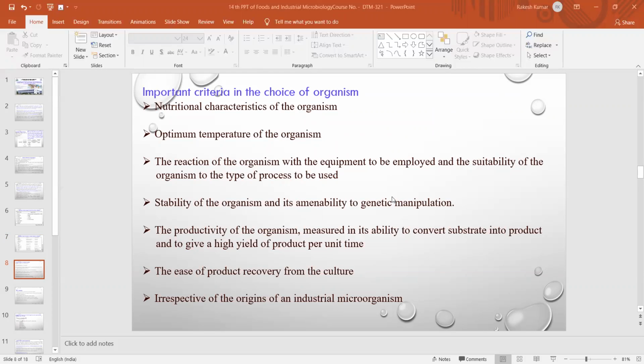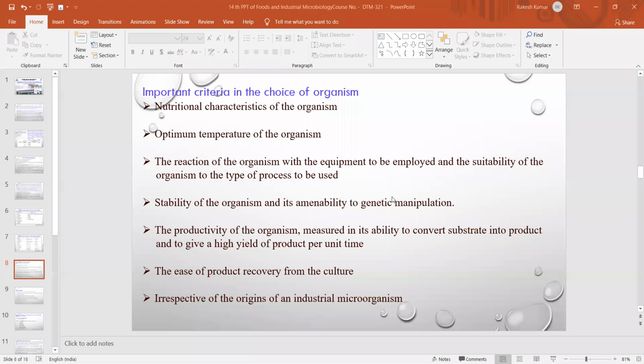First of all, nutritional characteristics of the organism, optimum temperature of the organism, then the reaction of the organism with the equipment which you have used, and the suitability of the organism to the type of process to be used. Then stability of the organism and its amenability to genetic manipulation. Whatever character is there, the microorganism must maintain that character during the fermentation process. Nutritional requirement, optimum growth temperature of that particular organism, these are all very important to know before selecting.